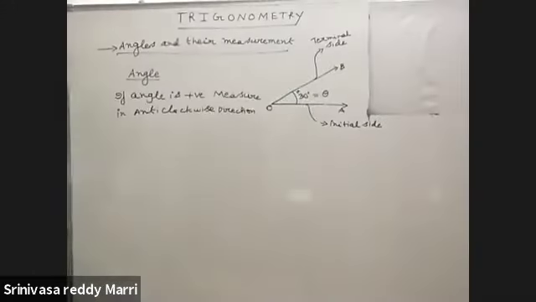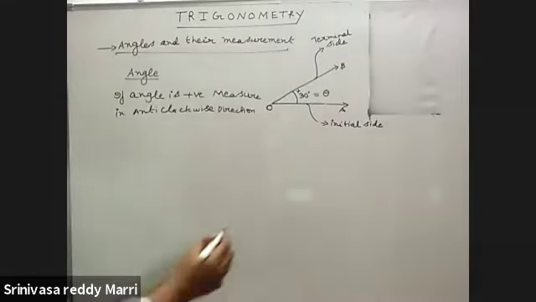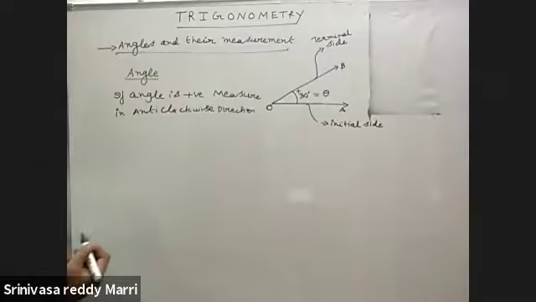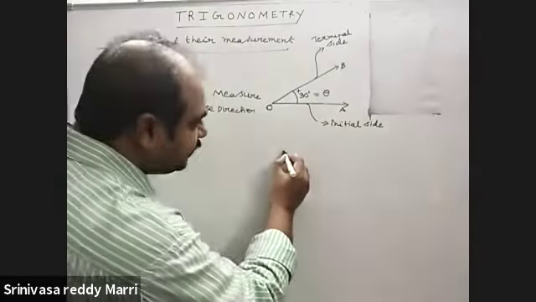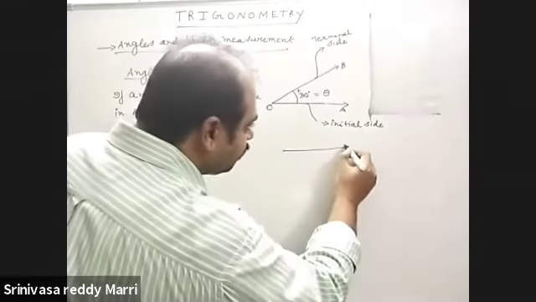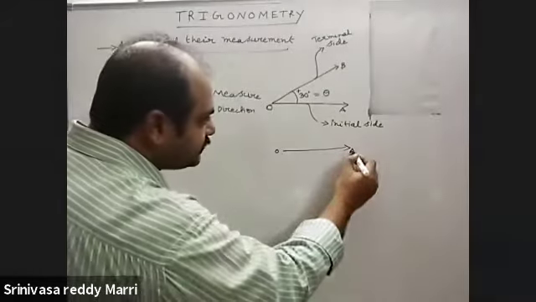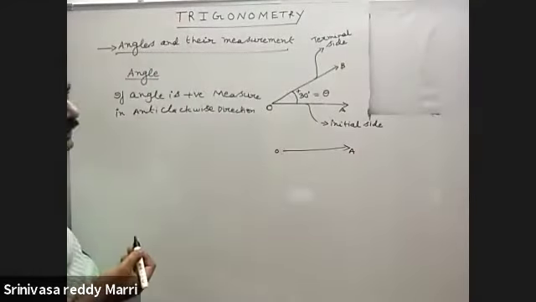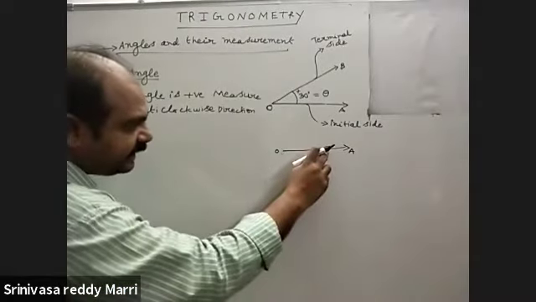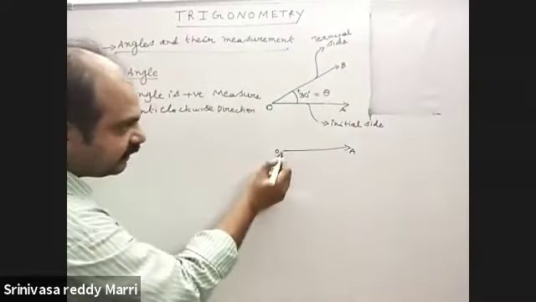If the angle is positive, that is this. Suppose the angle is negative, suppose you want to measure minus 30 degree, look at. Draw the initial ray. This is common for all. Draw the initial ray and then draw the terminal ray. Measure the angle in clockwise direction in this manner.